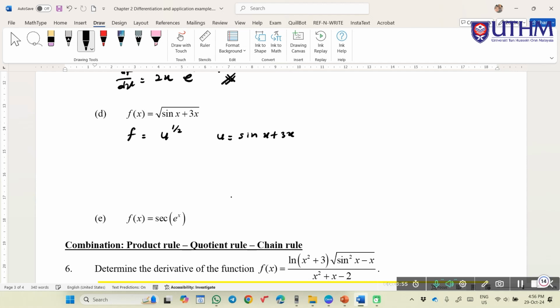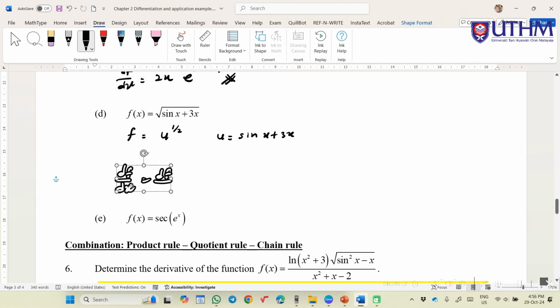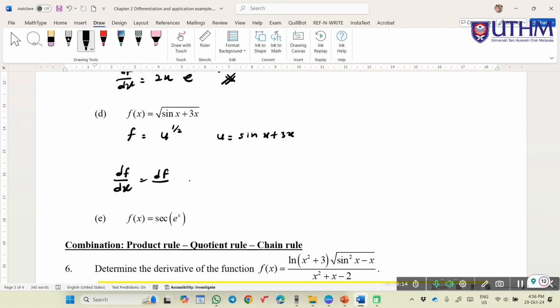So please choose the u that can make our differentiation easier. Now if we use the chain rule, df over dx equals df over du times du over dx. What is df over du? It is 1 over 2 u power of negative 1 over 2.